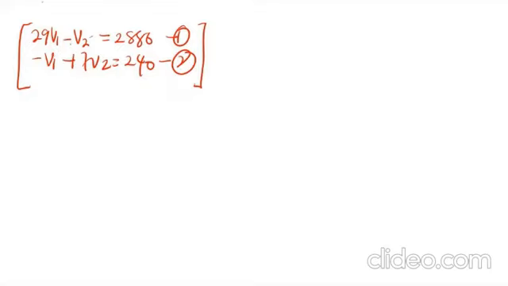Okay, let's say you want to eliminate V1. So what you do is multiply this by 29, because you want to eliminate this 29 V1. So you need to have this number 29 here too. So you multiply equation 2 by 29 as well. So that what you have here is, let's write it again, equal to 2880.